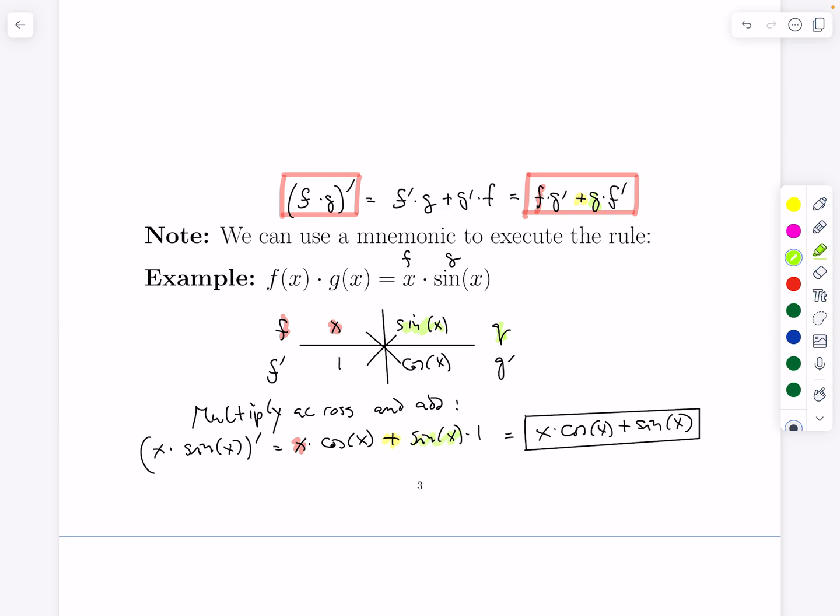And then for f we needed f prime, and g prime. Okay, so you see how it goes together. We can use this little table, the cross.